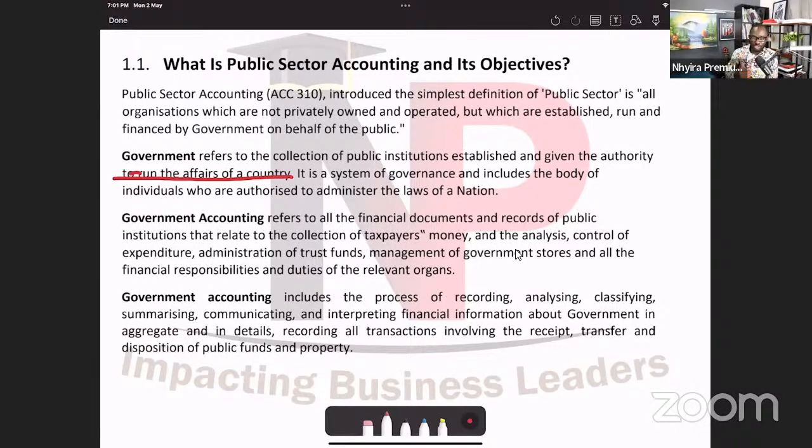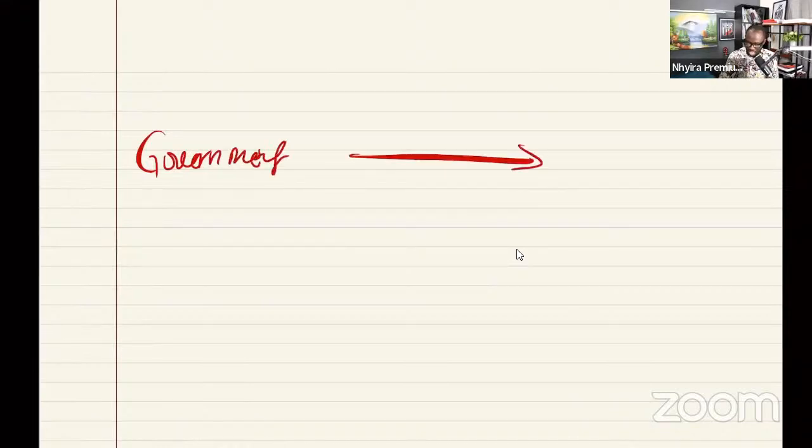These institutions must show stewardship, because at the end of the day, what happens in the public sector is that we have the government on one side, and we have everybody else on the other side, stakeholders or users, or let me say citizens.